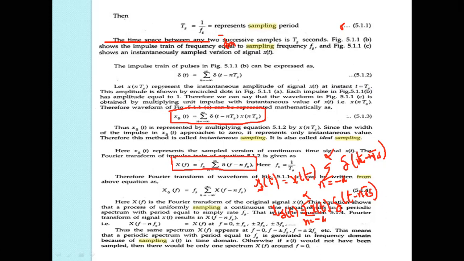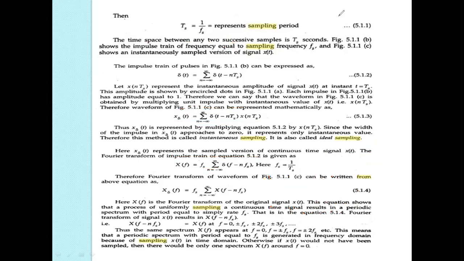Now let us take the whiteboard. Listen carefully, my dear students, this is the proof of the sampling theorem. The time domain signal x delta of t is an impulse instantaneous sampling.